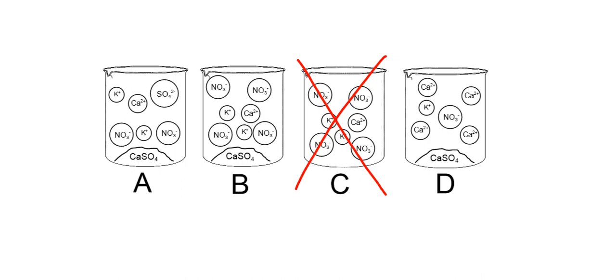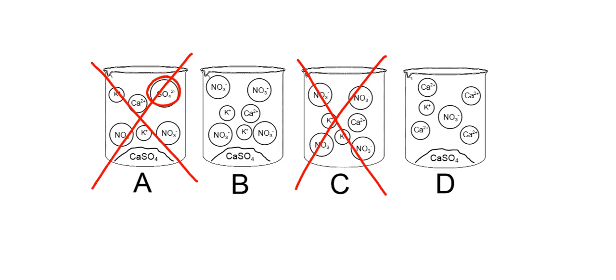All right, let's talk about this one more time. There's one other one that is not good in here as well. The other one you should have gotten rid of was because of this guy right here. There is no SO4 2-, so that can't be in solution at all. So that's got to be gone.